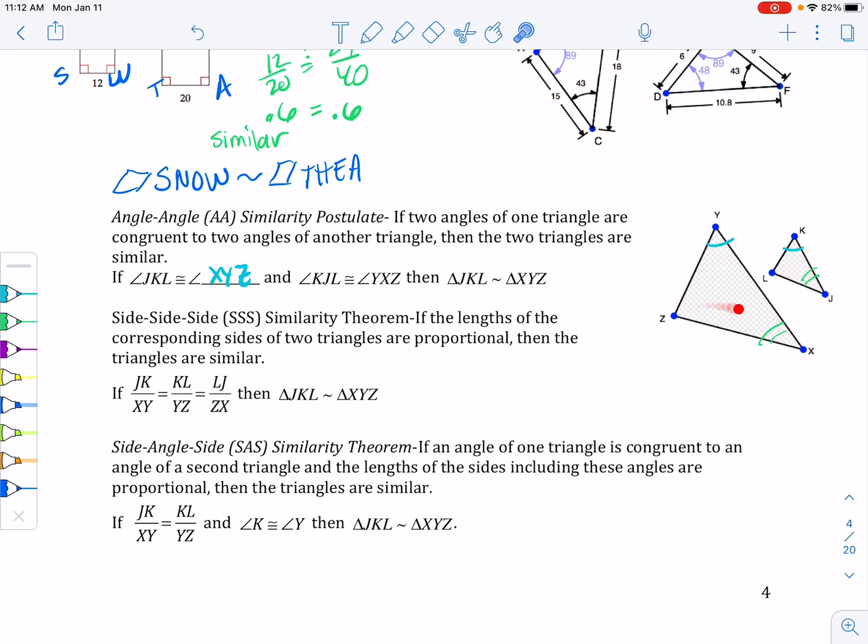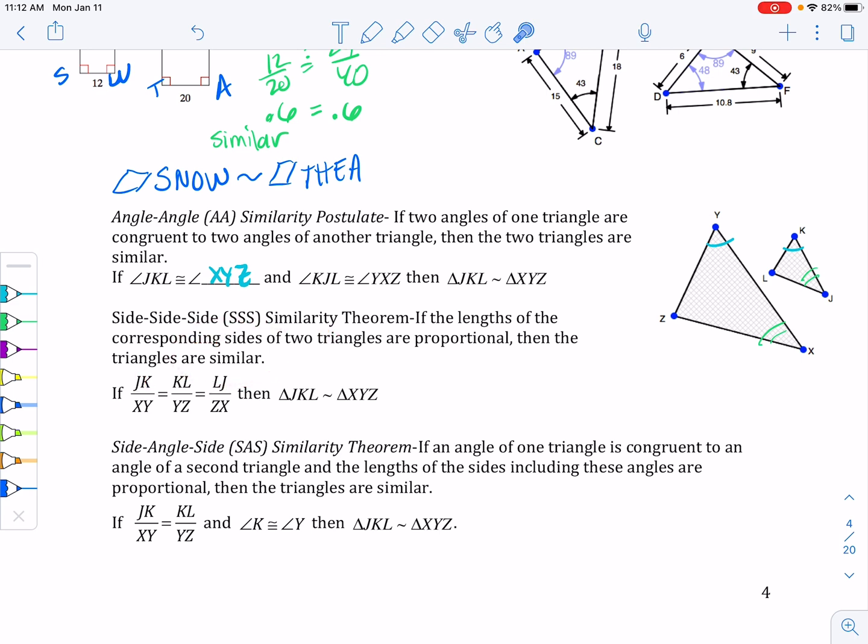Then our angles would have to be fixed based on our side lengths, right? If you have 3 crayons, 3 pens, 3 markers, 3 straws, 3 of anything that makes a line, and you put them so that they are proportional parts, and you try to make different size angles, it's not going to work. So when we've got side, side, side, that also gives us similar triangles.